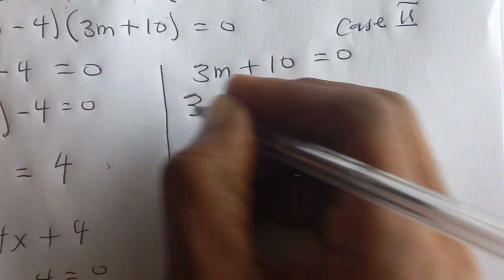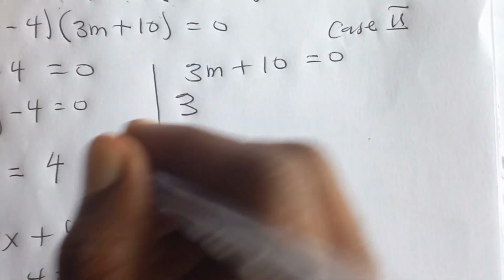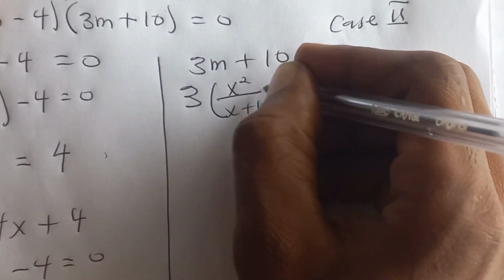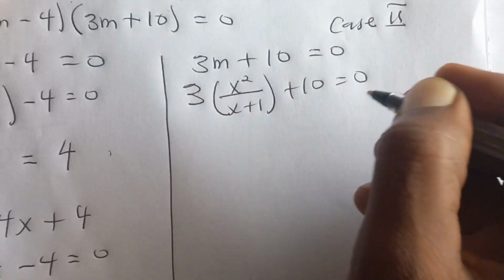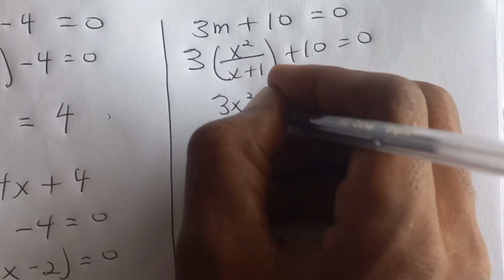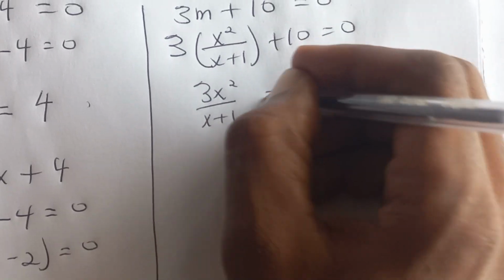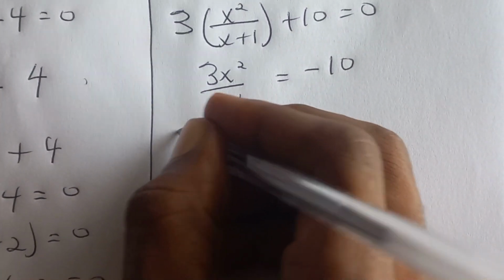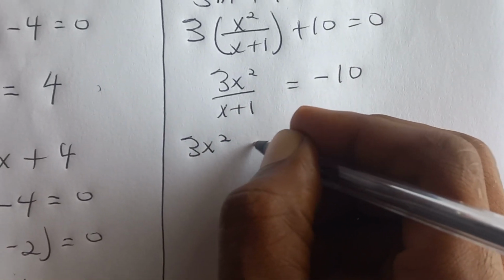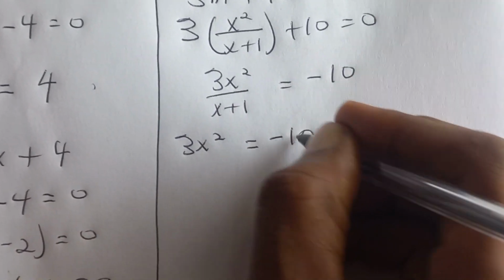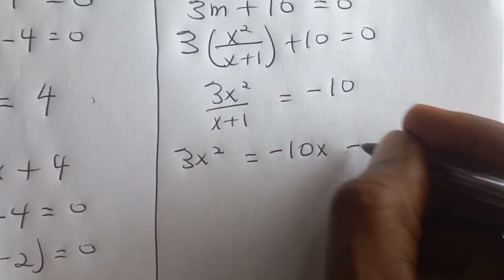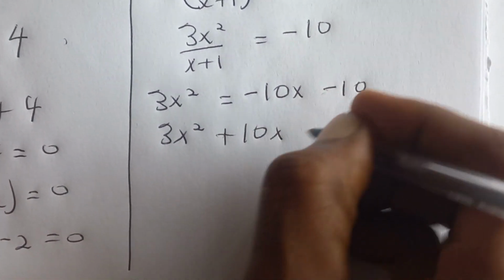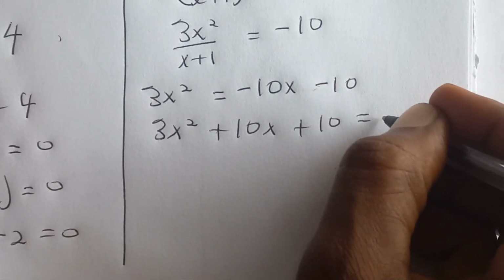So it will be 3 into bracket x squared over x plus 1 plus 10, which is equal to 0. So we're having 3x squared over x plus 1, which is equal to negative 10. Okay, so we have 3x squared, which is equal to negative 10x minus 10. So we get 3x squared plus 10x plus 10, which is equal to 0.